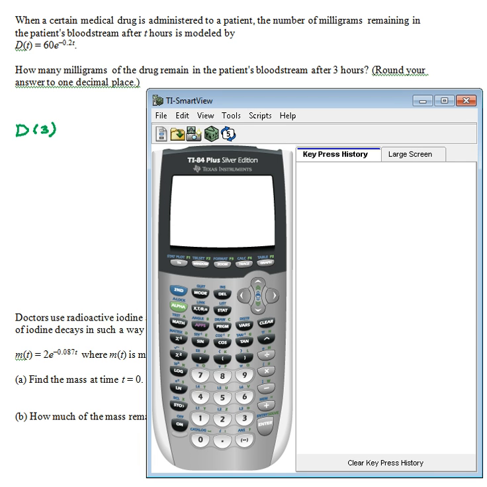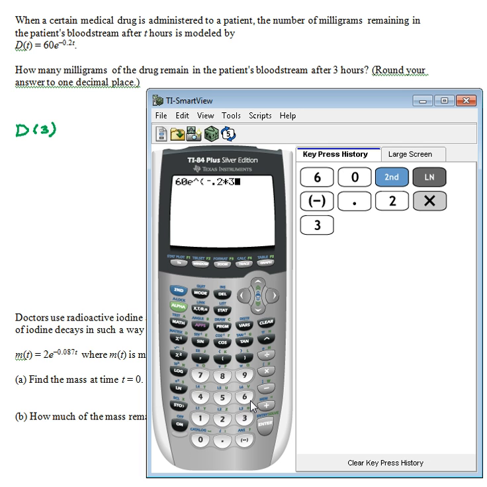So we are going to enter in the graphing calculator 60, second ln for the e to the x function, negative 0.2 times 3, since 3 is the value of t we've been given, close the parentheses for the exponent, and hit enter.